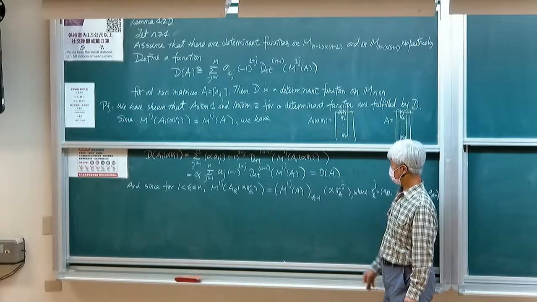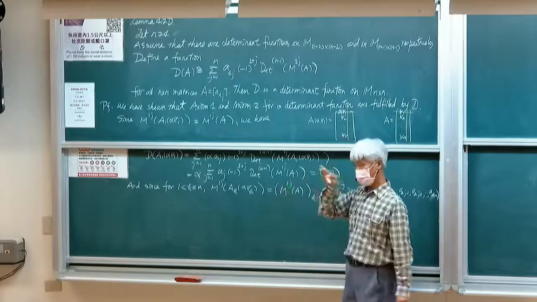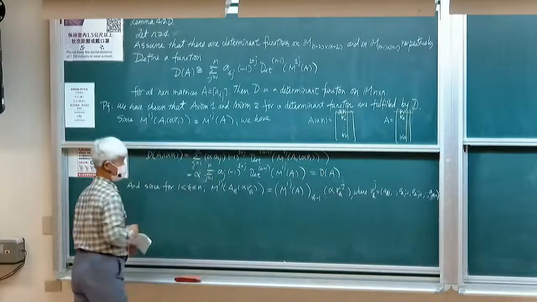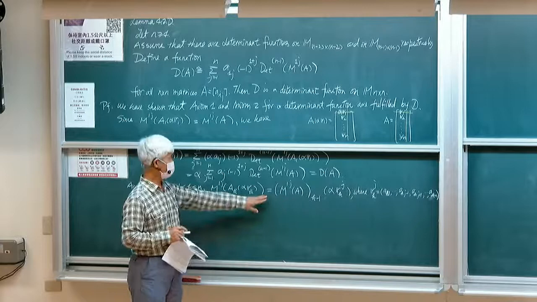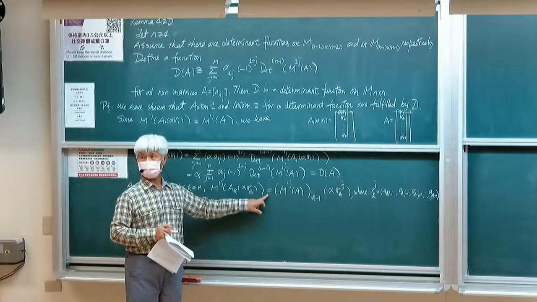The reason why it's k minus 1 is because we have removed the first row already. So that's why this is k minus 1. Any questions? Do you have any question about this identity? This equality here?